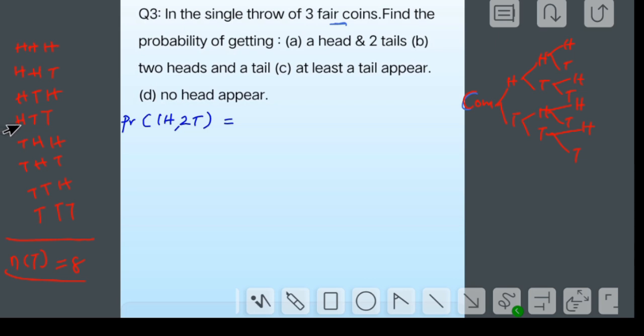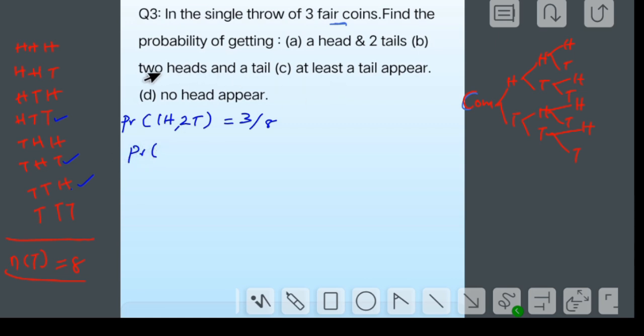This is an example of one head and 2 tails. That is 1. This is 2 heads. This is 1 head and 2 tails. Then here is another example of 1 head and 2 tails. So we have 1 head and 2 tails in 3 places. That gives us 3/8.